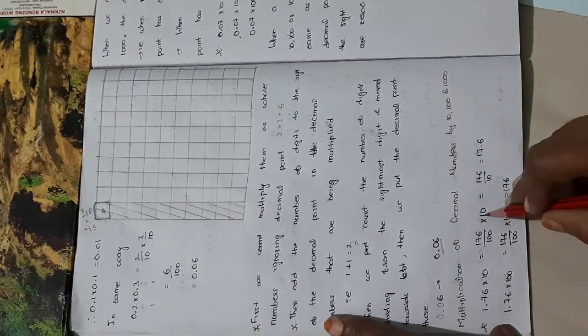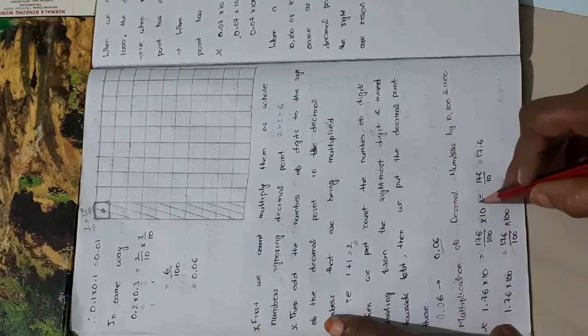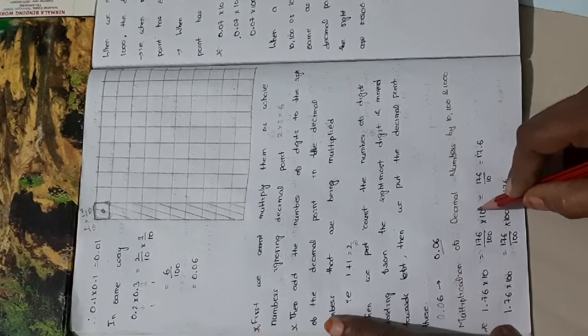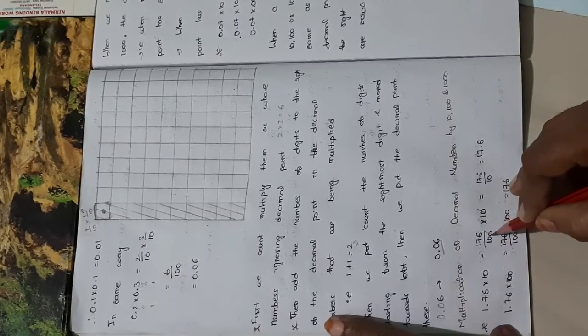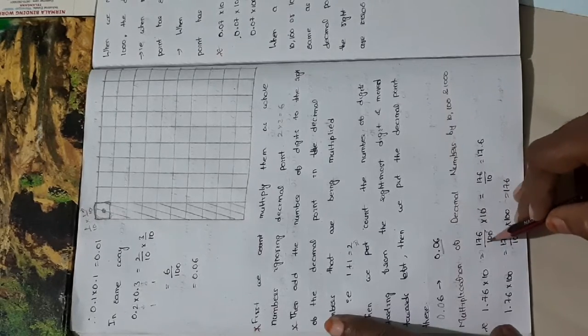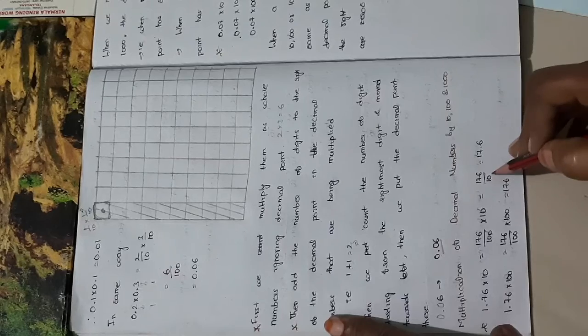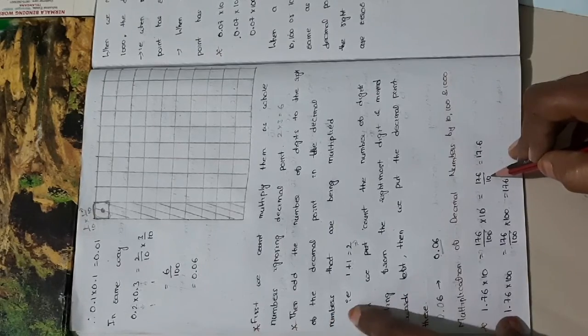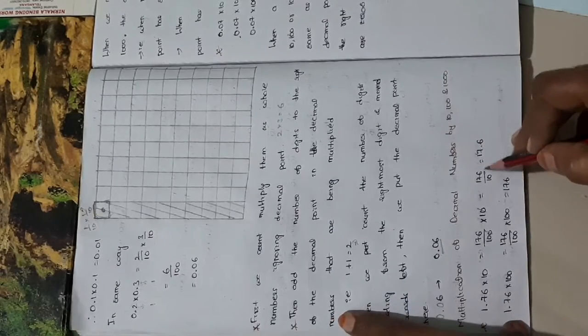And I write this 10 as 10 only. Then by simplification, one zero cancels. What we get is 176 by 10.